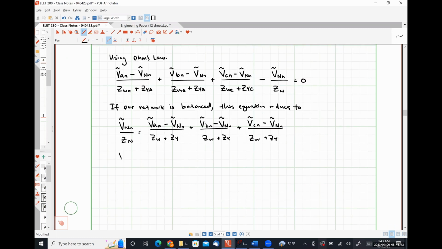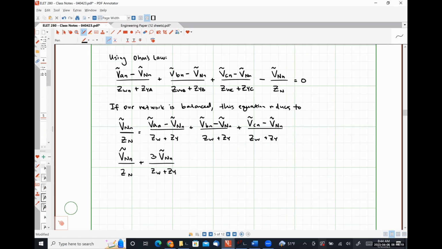So we're going to have VNN divided by ZN. Excuse me, this should be capital. Plus 3 VNN over ZW plus ZY, because that term shows up 3 times when I move it over.